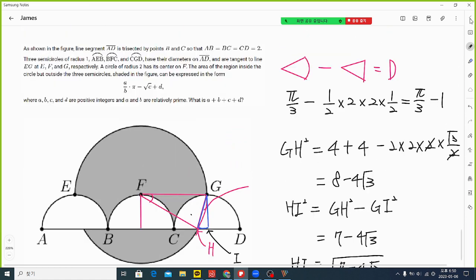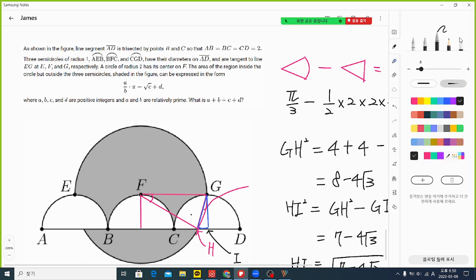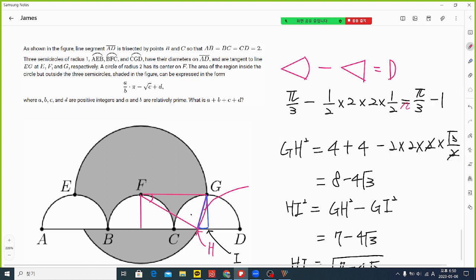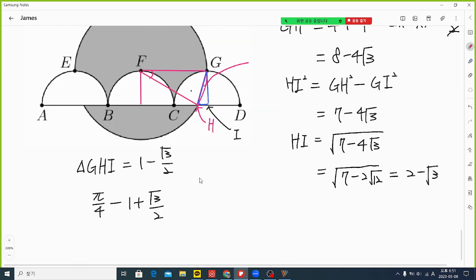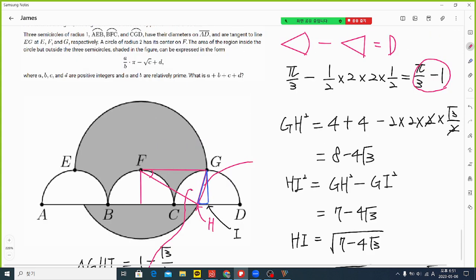So we found the area of two regions. First one is this, and second one is this. I mean, this is the area for this part, and this is the area for this part.